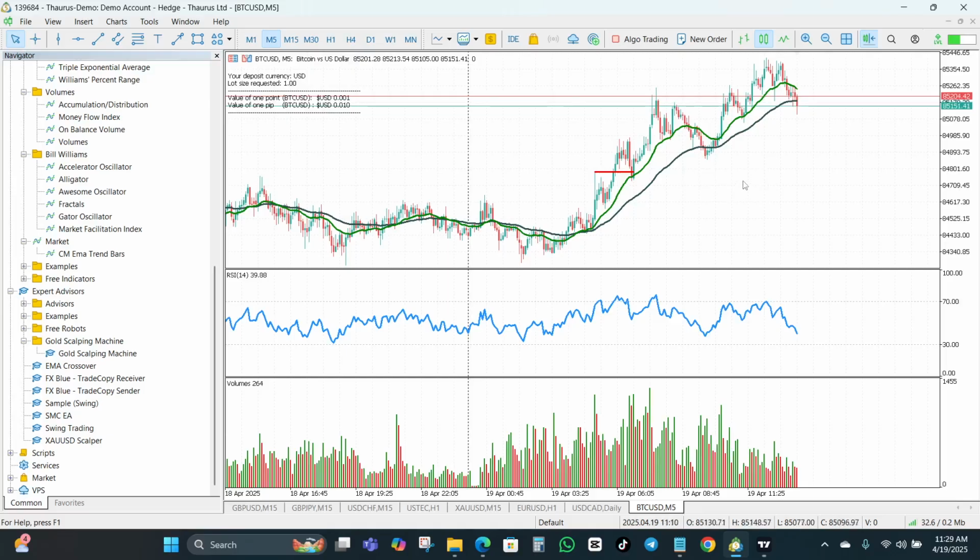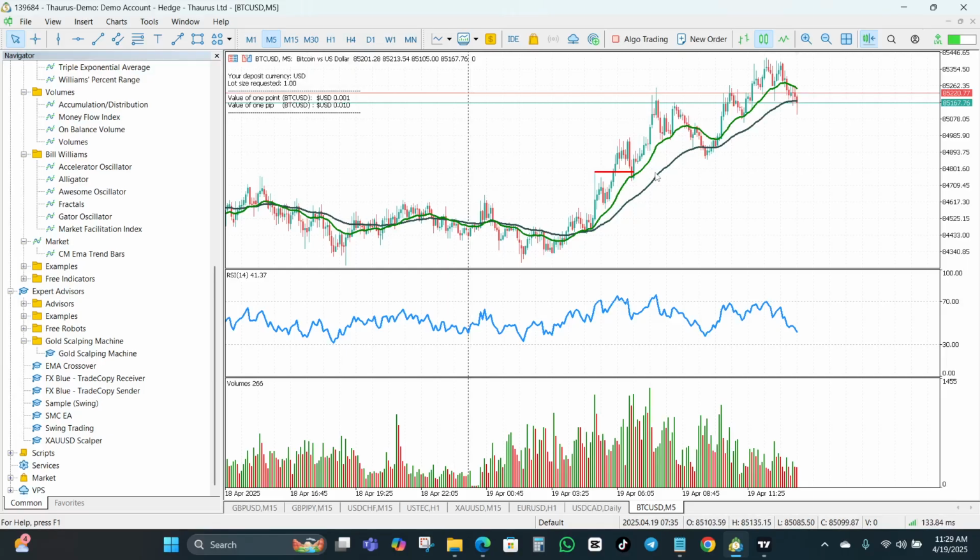Then for a sell trade, it's going to be above the last minor high, right? Keep your risk tight. You are aiming for a 1:2 risk to reward minimum. Always know where you are wrong before you even click the buy button.